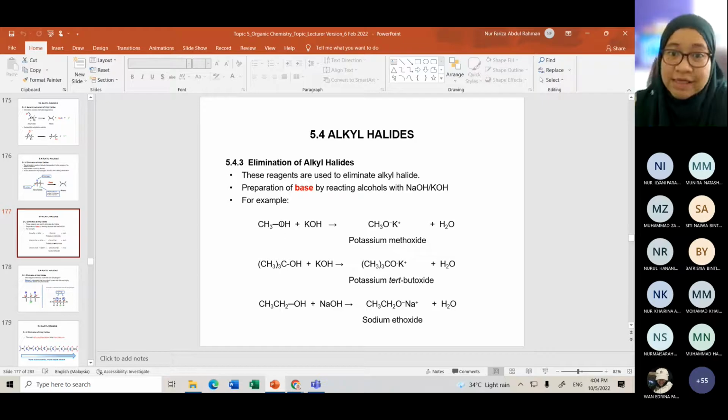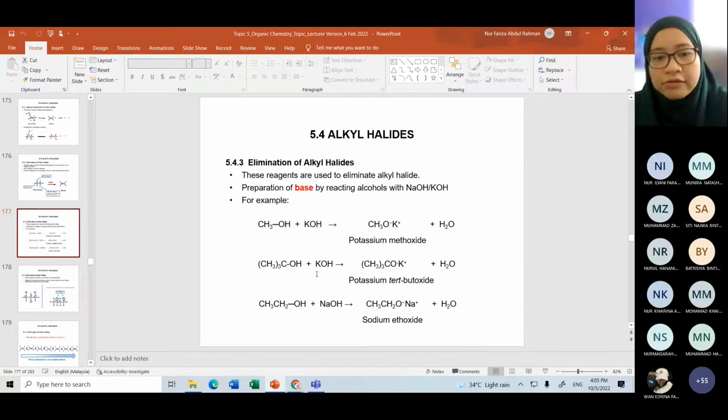For example, we have methanol as the solvent and KOH as the base. When these two react, it produces potassium methoxide, where the oxygen remains and attaches to the metal. O bears the negative charge, whereas K, the metal, bears the positive charge.